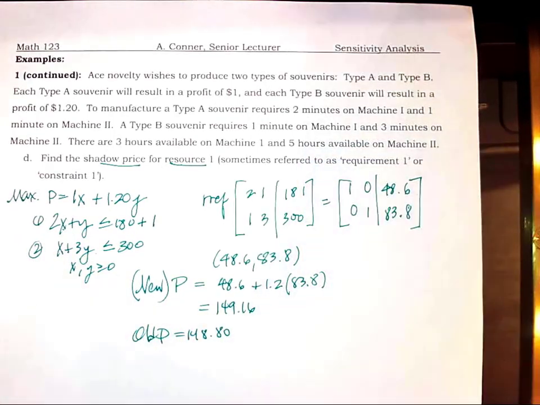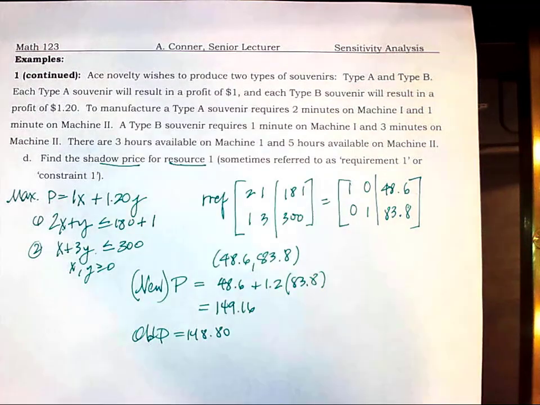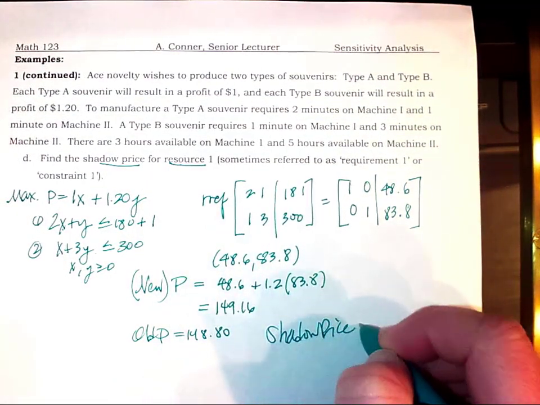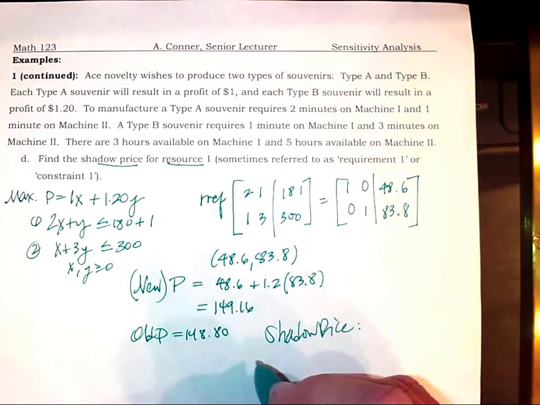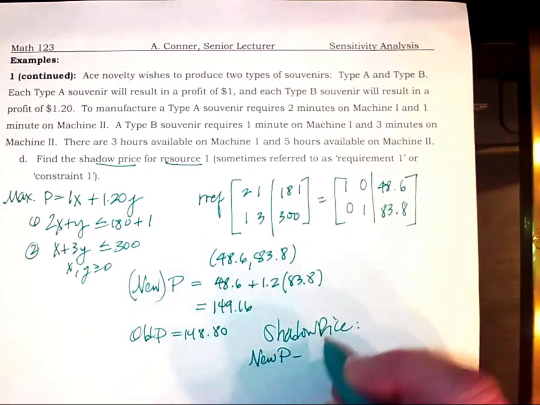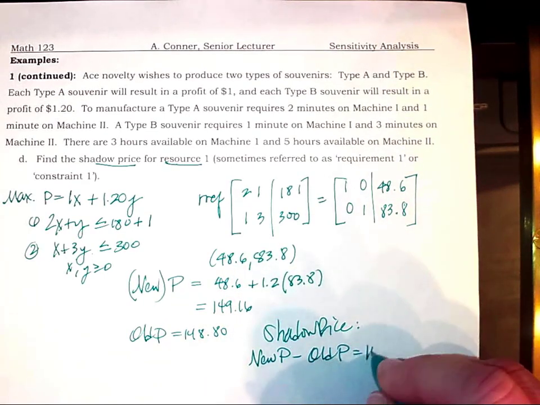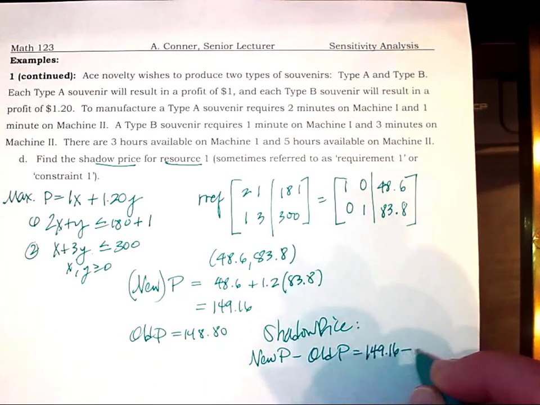So the way we compute the shadow price is just looking at the difference in those. We're going to take our new P minus our old P. So our new P is 149.16 minus our old P is 148.8.